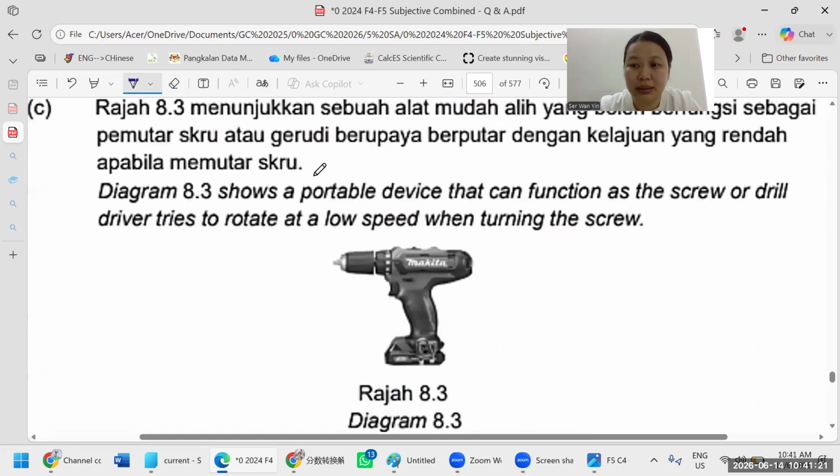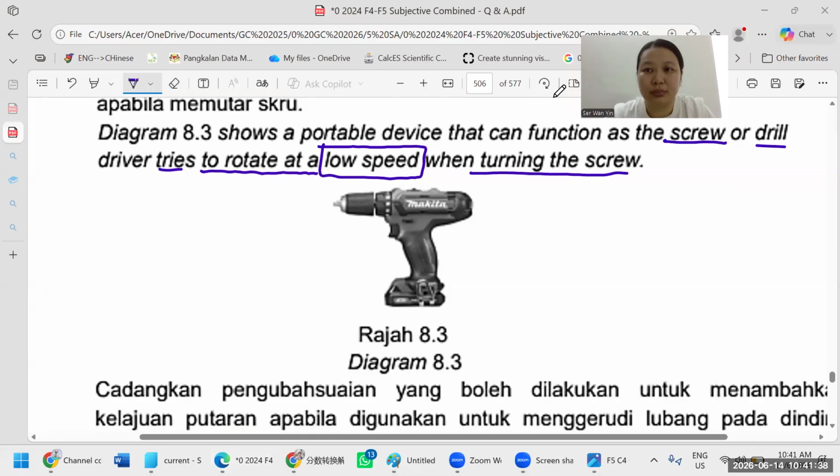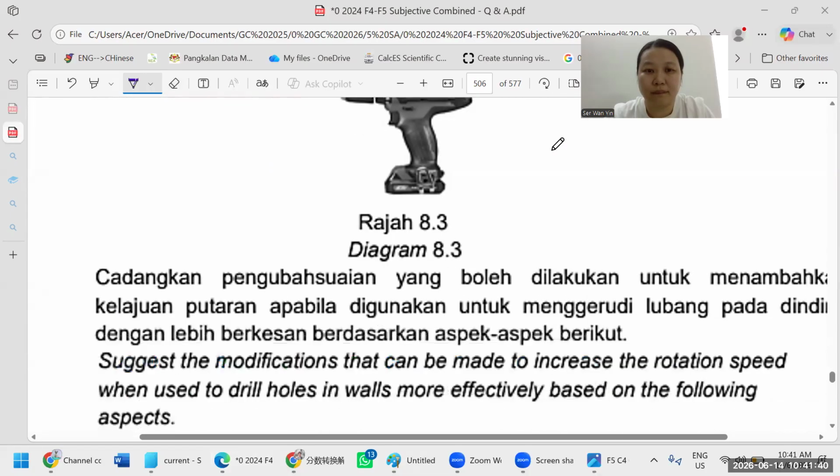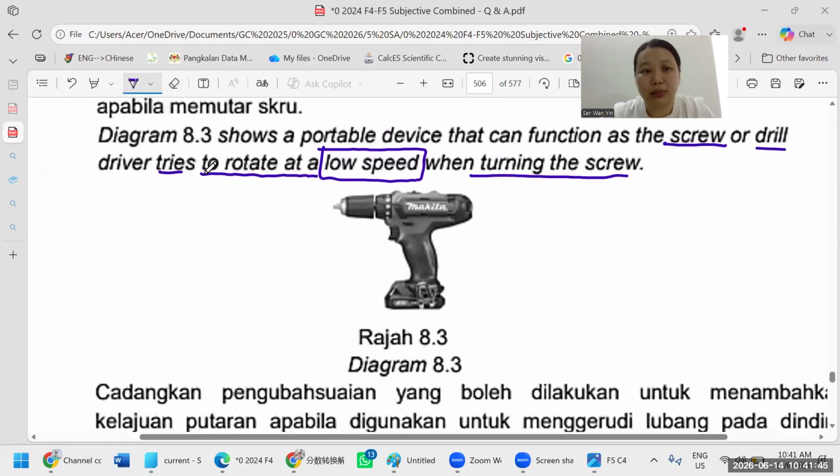Okay, so now next. This is a portable device that can function as a screw or drill driver, which tries to rotate at a low speed when turning the screw. Rotate means rotate.